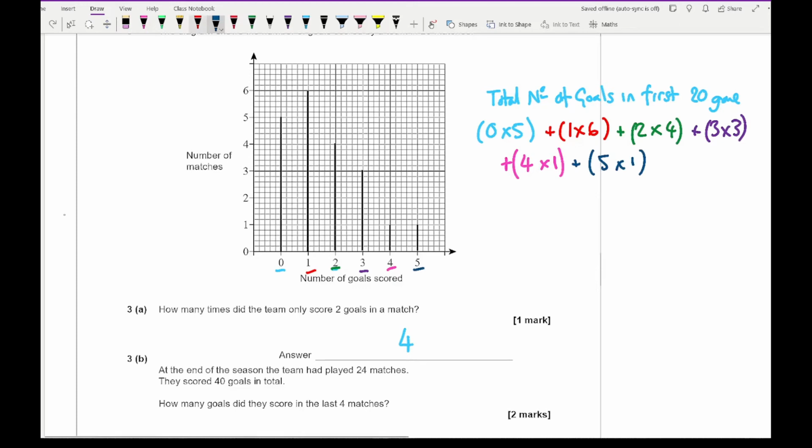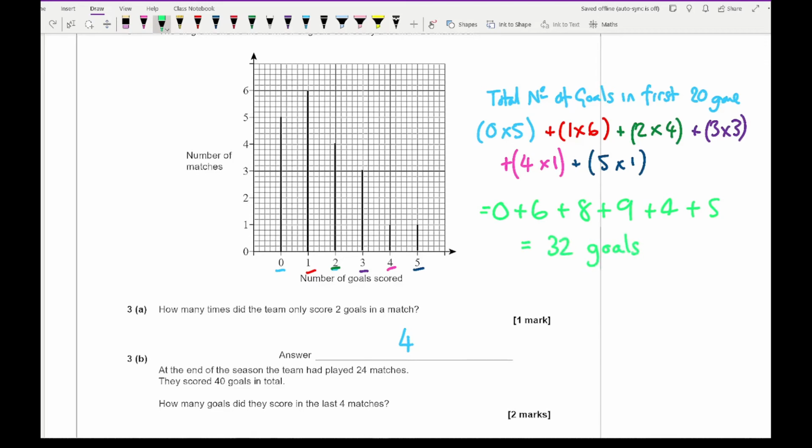And so if I work out each of those brackets, we get 5 times 0 is 0, plus 6 times 1, plus 2 times 4, plus 3 times 3, plus 4 times 1, plus 5 times 1. And that comes up to a total of 32 goals.